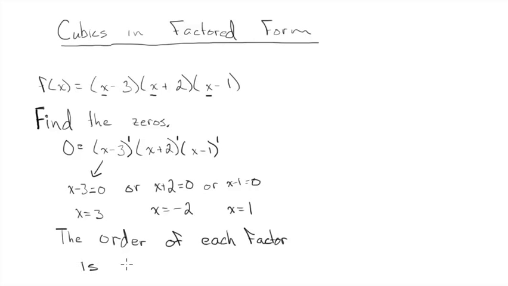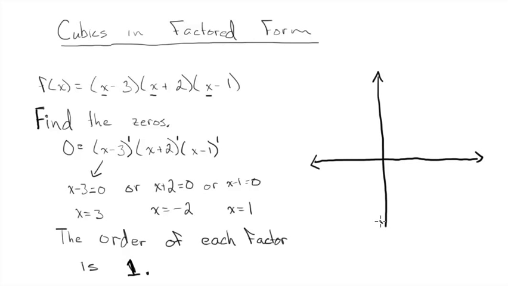So what that means is when we do the graph, around the x-intercept corresponding to each factor, it's going to look like a line, meaning it's going to go through the x-axis. So we're going to actually cross the x-axis.